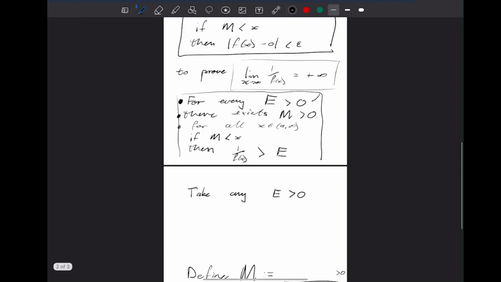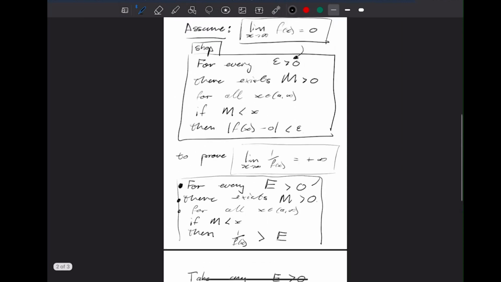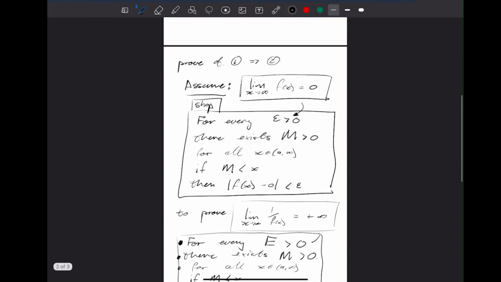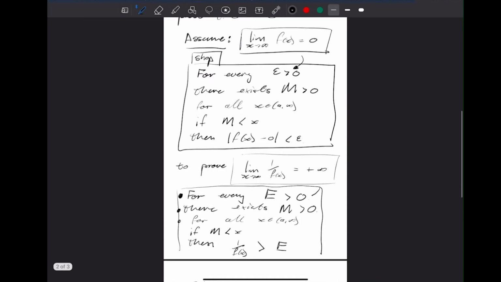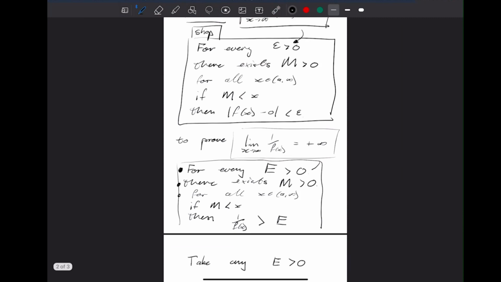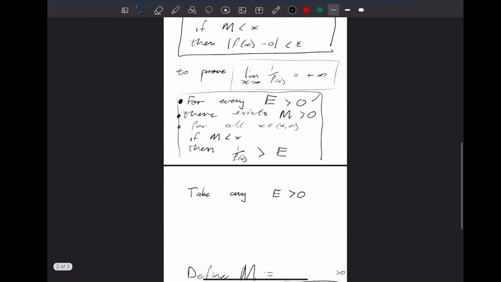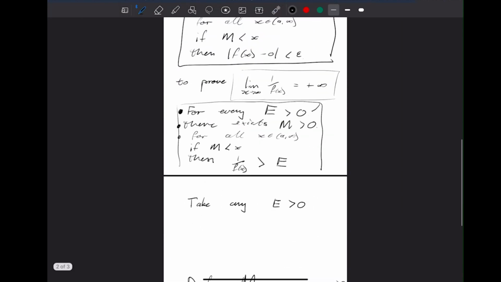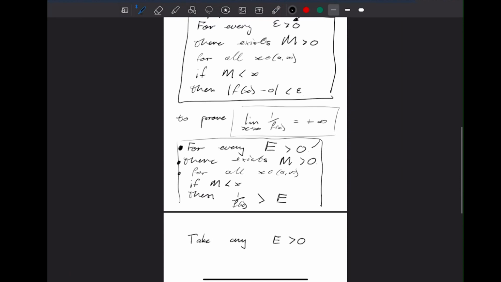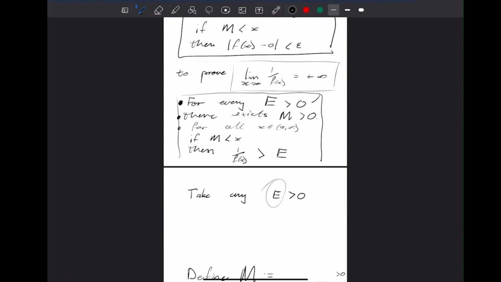Okay, so now somehow we need to use our assumption. And what we will do is, well, the intention is for this E to be big.